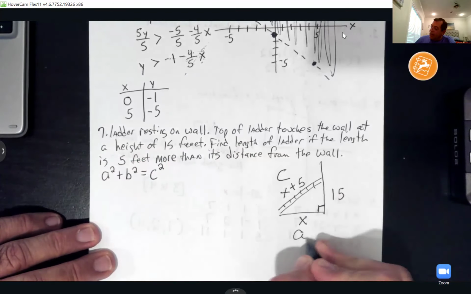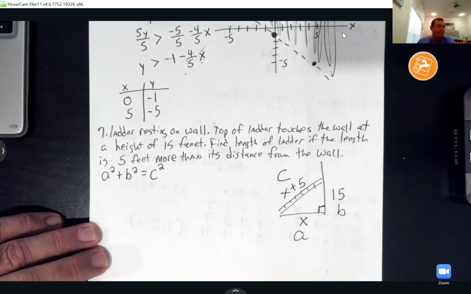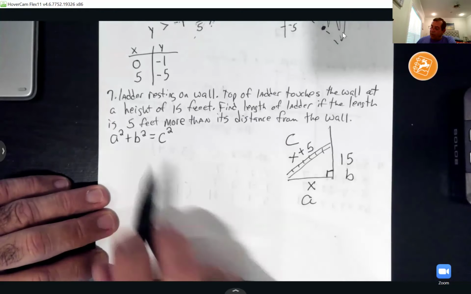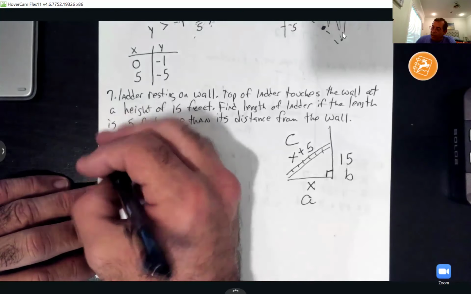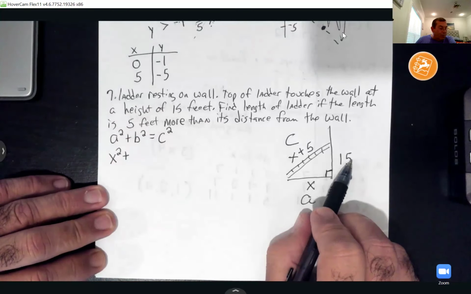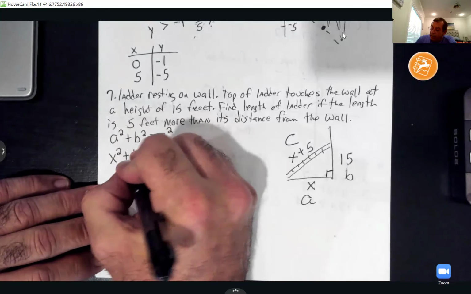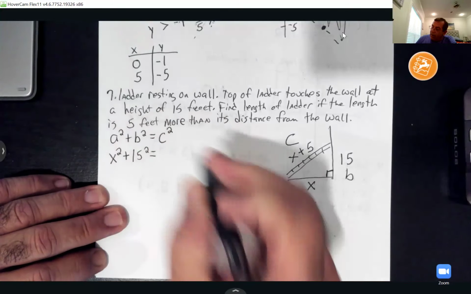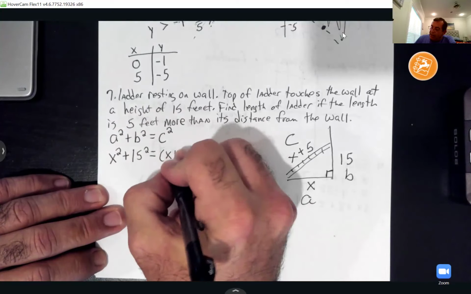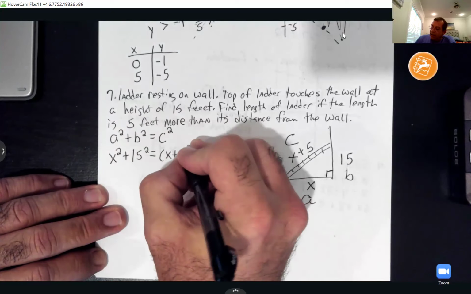And then I'll let this be a and b. So we're going to fill in what we got. So a squared will be x squared plus my b, which will be 15 squared. That's going to equal c squared, which will be x plus 5 squared.